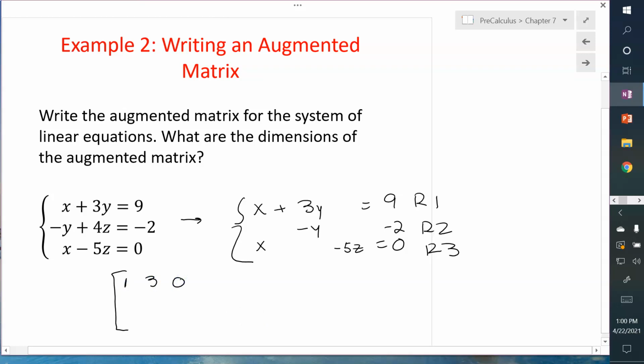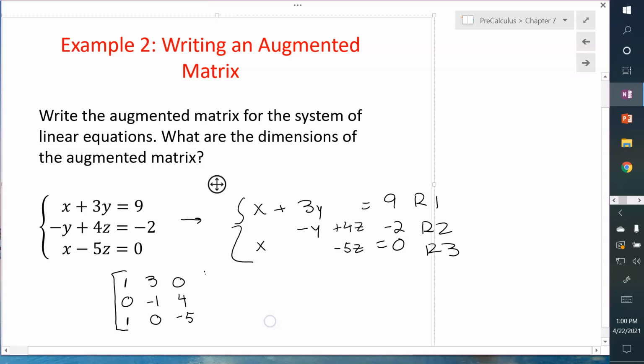And then my second row, I have a 0 for x, negative 1 for y, and a 4 in front of z. And then my last row, I have a 1 in front of x. There is no y, so I put a 0 in there. And for the z, I put a negative 5.